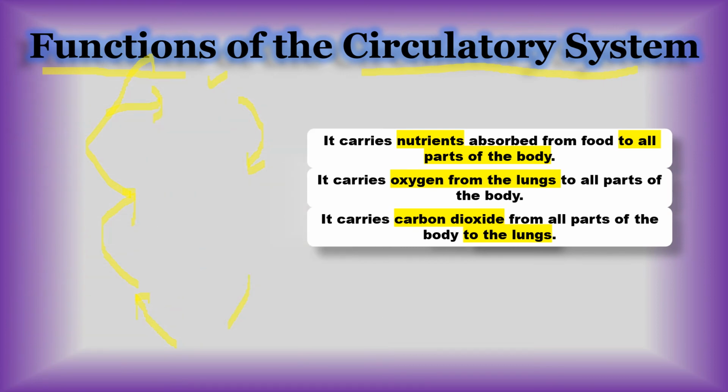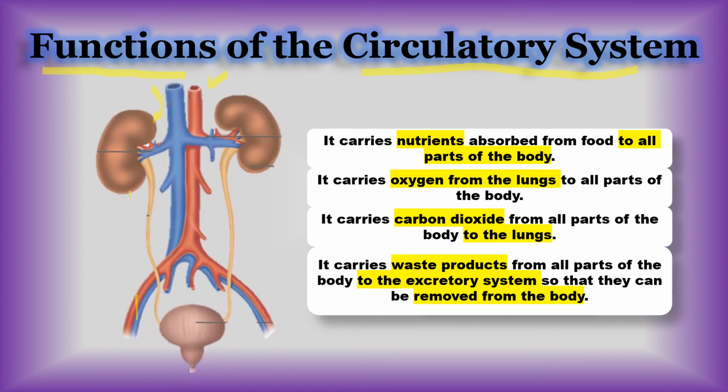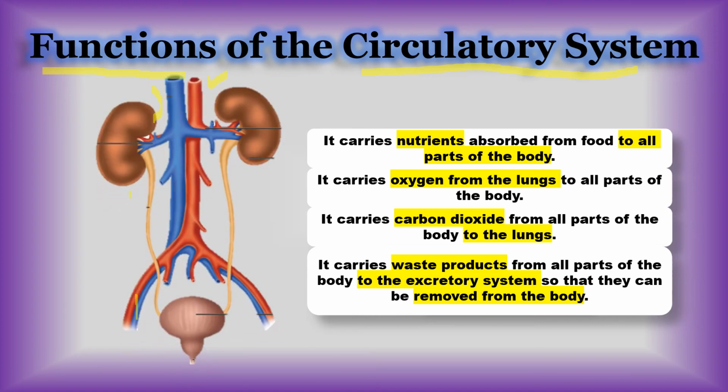Children, let's see what the next point says. The next point says it carries waste products from all parts of the body and removes them from the body. How? All the waste products, children, are collected by this system and passed to the excretory system.